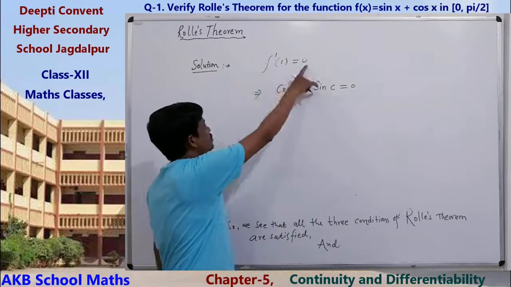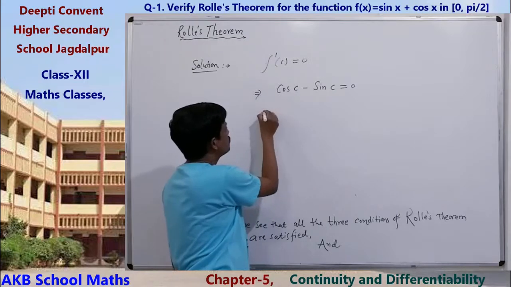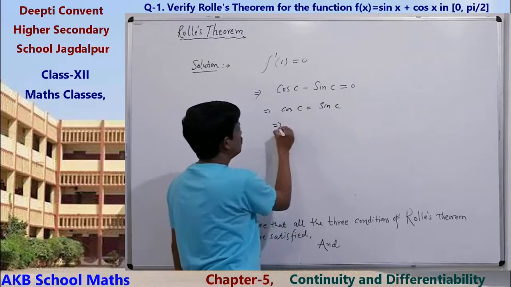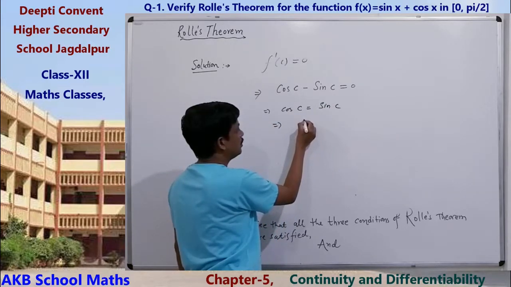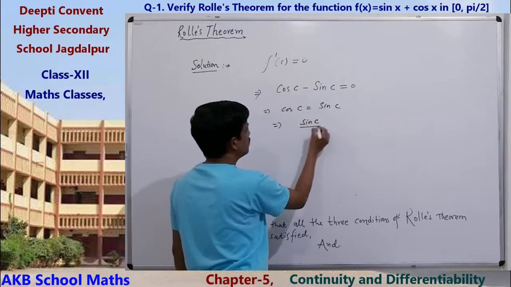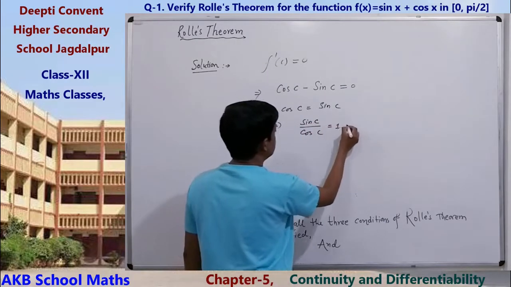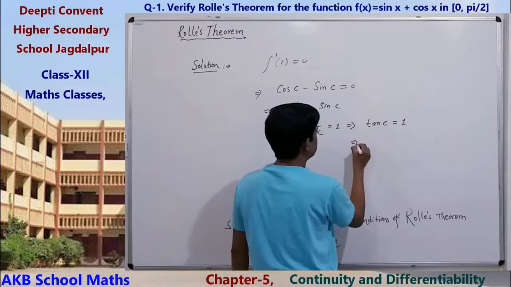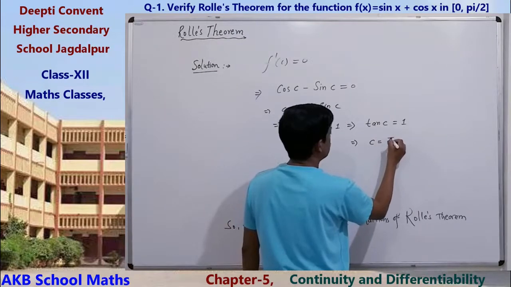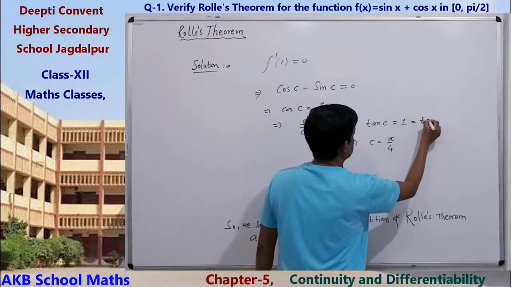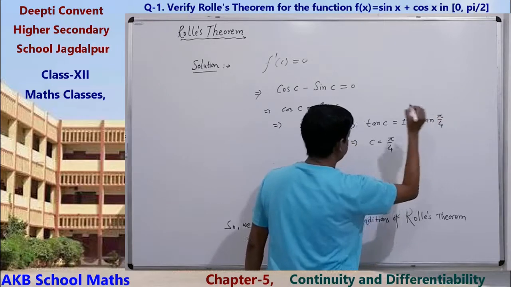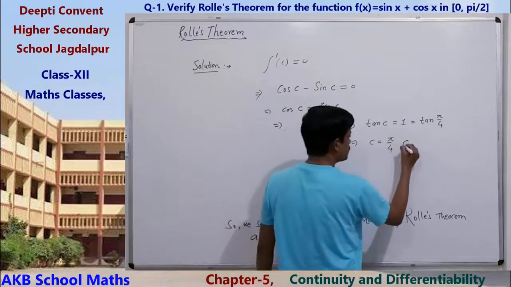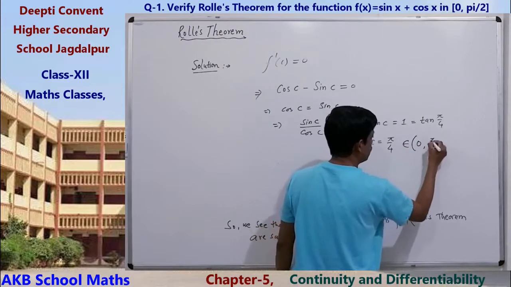So f dash c equals 0 implies cos c minus sin c equals 0, meaning cos c equals sin c, that is, sin c upon cos c equals 1, which implies tan c equals 1. So c equals pi by 4, and which belongs to 0 to pi by 2.